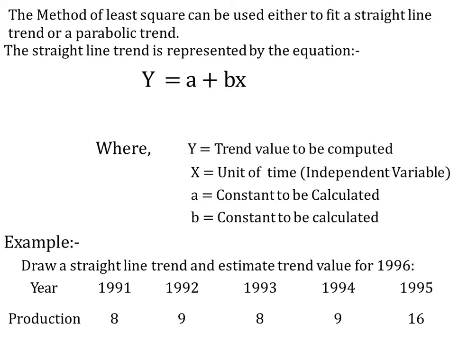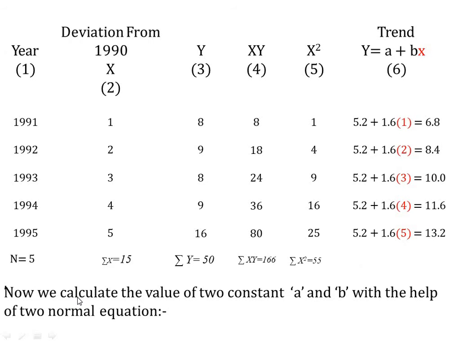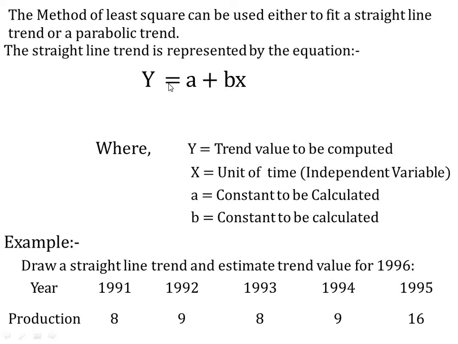As we have seen already in curve fitting, suppose I have been given any time series data and I have to obtain a line of trend using the least square method. We can assume the equation of a line as y equals a plus bx.